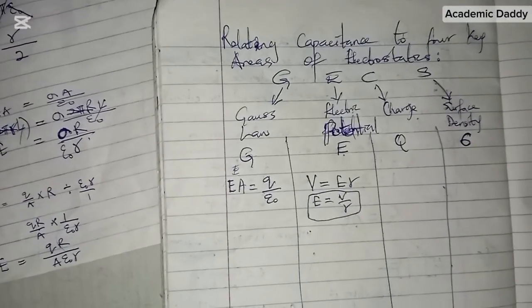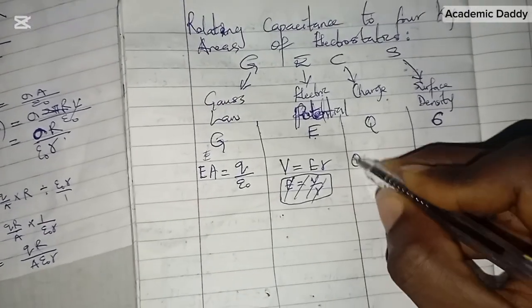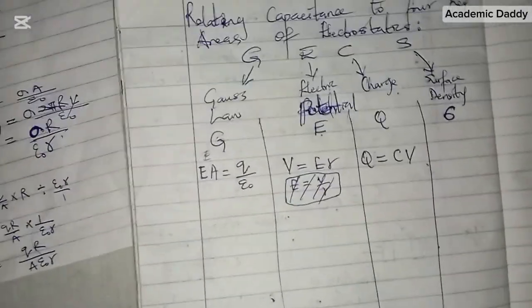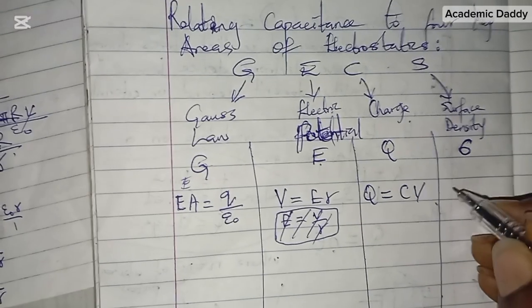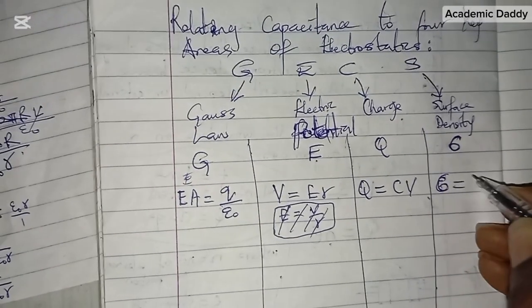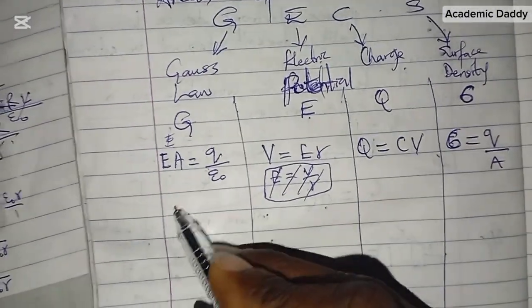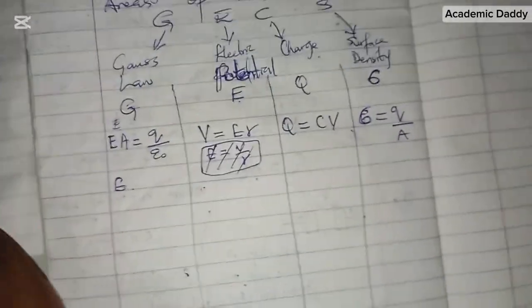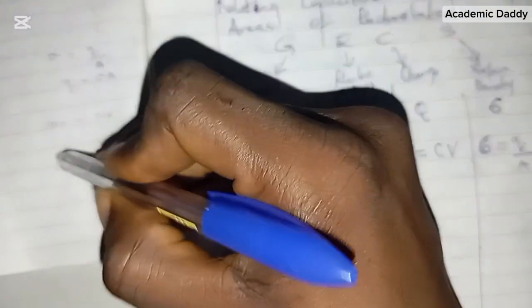Charge, if you've seen it, is equal to capacitance times voltage, that is electric potential, and surface density is equal to charge over area. I told you to always see charge as mass. So if I know this, I can make electric field the subject of the formula here, so that I have E equals, let's check.